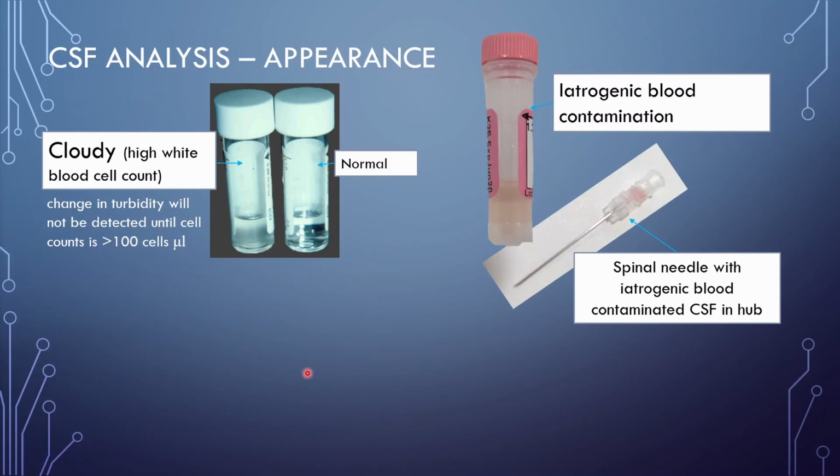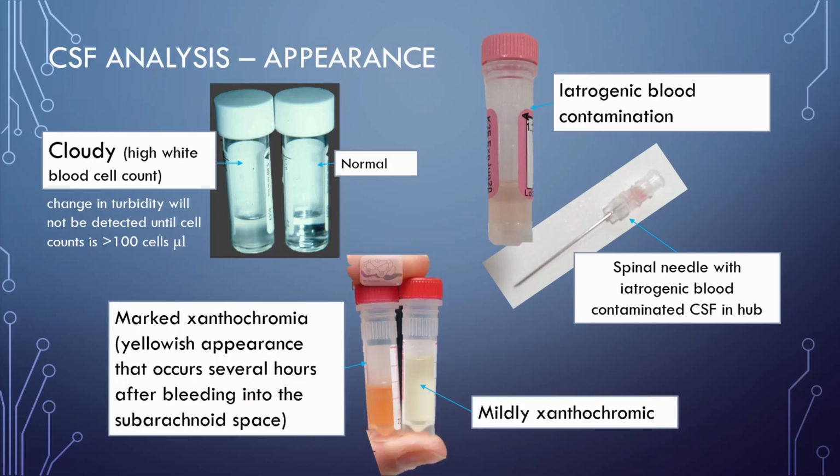Iatrogenic blood contamination is relatively common, and in that instance it looks pink, as you might expect. However, if the blood has been there for some time, it starts to break down and you get this thing called xanthochromia, which has a more orange appearance. And these are samples taken from the same dog, and it shows you how different they can be in different spaces.